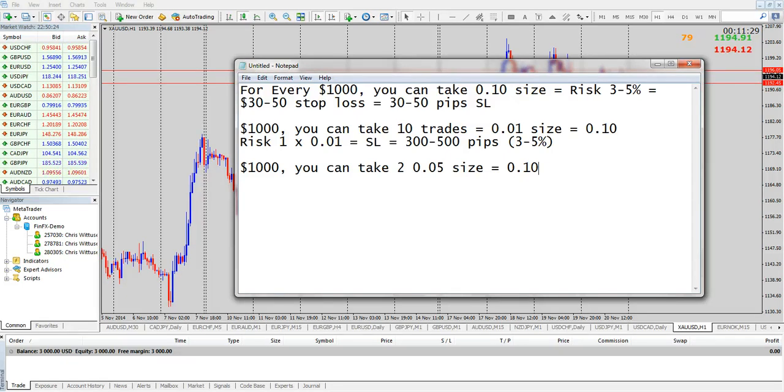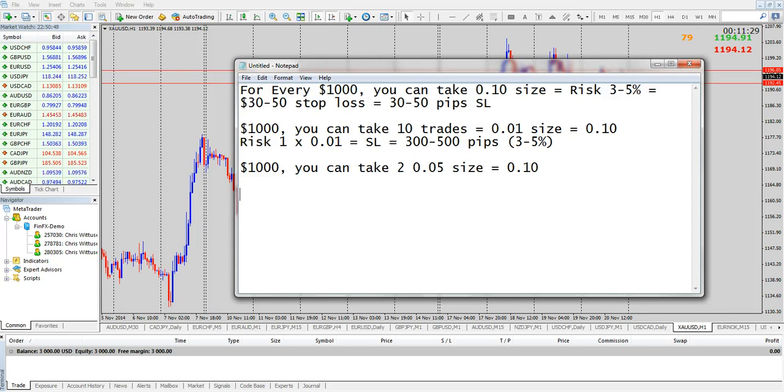So if I have $3,000, my biggest combined trade size should be 0.30. So for every $1,000, you jump 0.10. So if you have 3,000, the maximum amount of trades open cannot exceed 0.30.